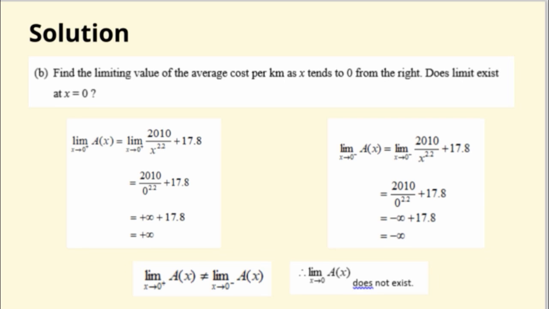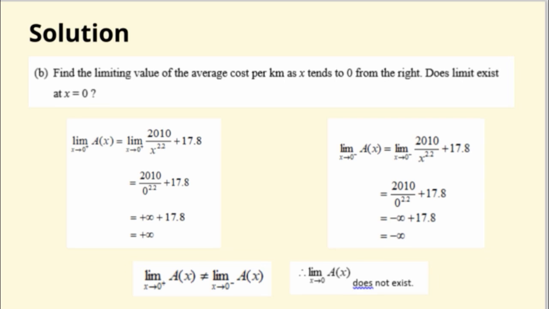For the left-sided limit, limit as x approaches 0 of A of x equals limit as x approaches 0 of 2010 divided by x to the power of 2.2, plus 17.8. Same as before, we replace 0 into x, so the answer will be infinity plus 17.8.